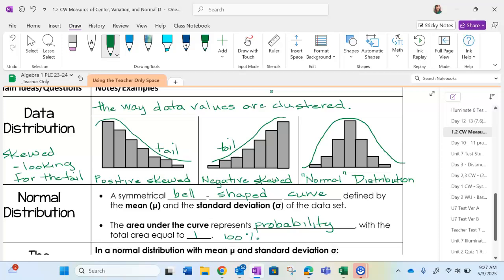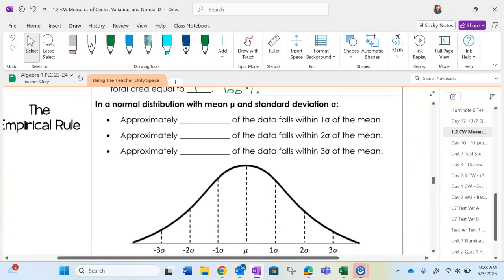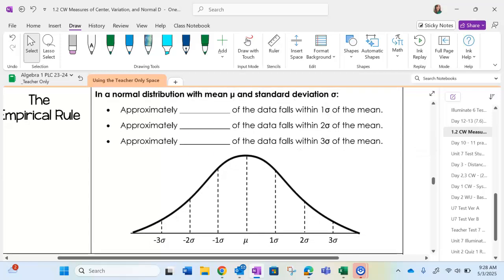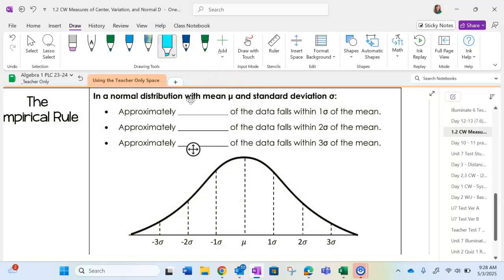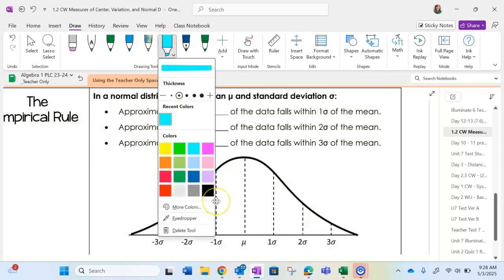So 100% is the total area under the curve, or 1. All right, so let's see what that means. So here's a picture of a bell curve. The mean is this symbol right here in the middle. Okay? That's the mean. Oops, let me see if it'll let me draw this.